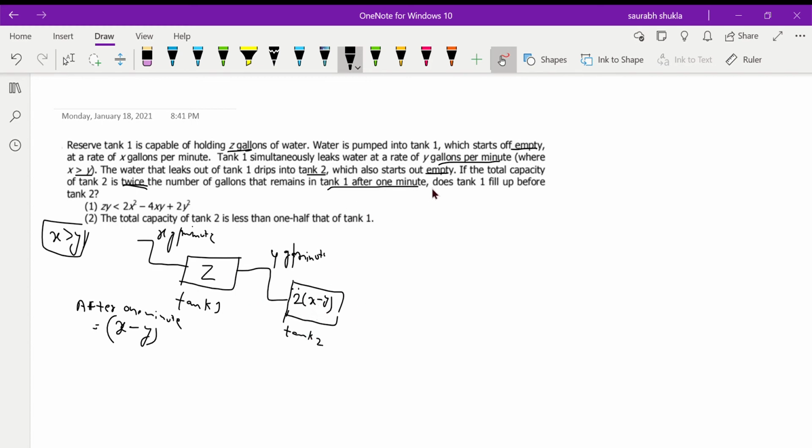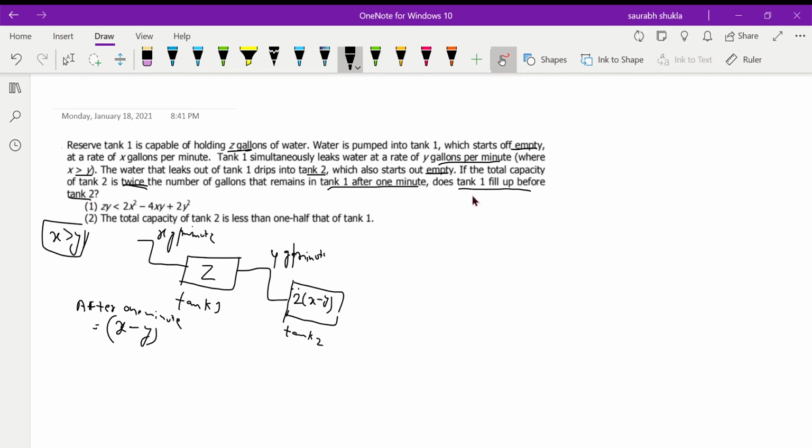Now, let's go to the question. The question says, does tank 1 fill up before tank 2? Every time you're working with variables, it's better to convert the main question into variables.